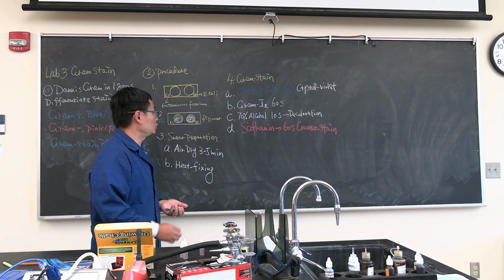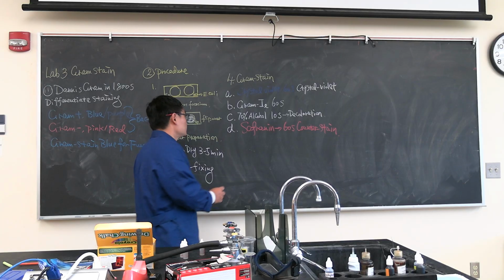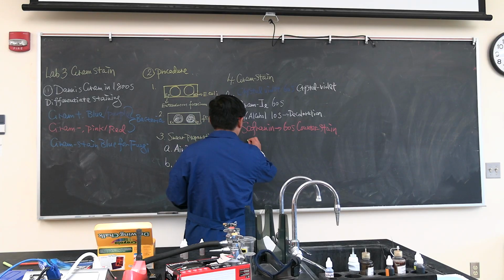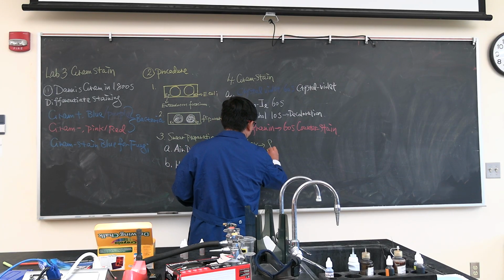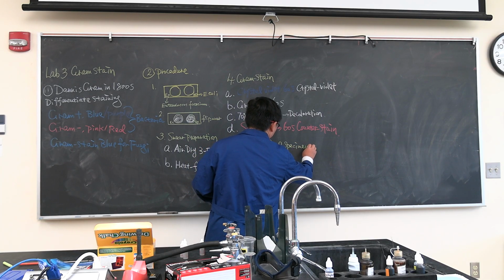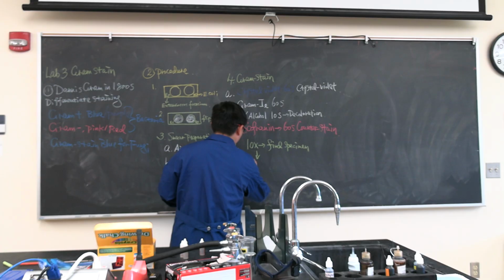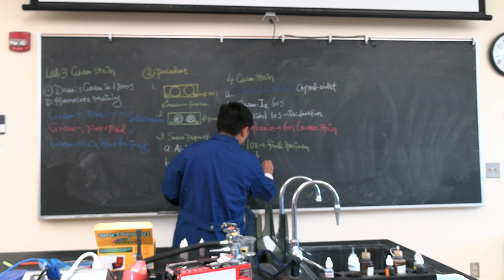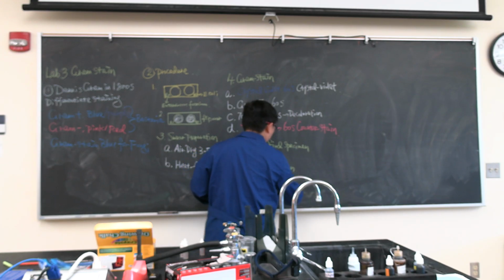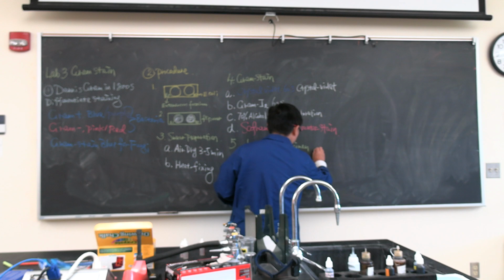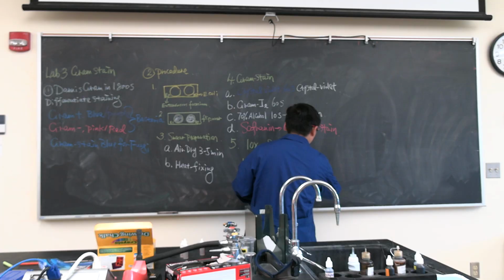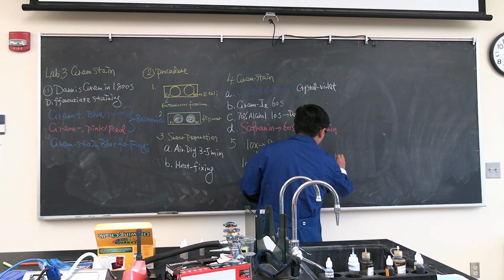Following these steps, we need to do a little bit of drying, the same thing, and then we're going to do the observation. The observation is always 10x to find the specimen, and then move on to 100x with oil immersion. We will find 3 important pieces of information for the gram stain recording. Number 1, gram reaction.